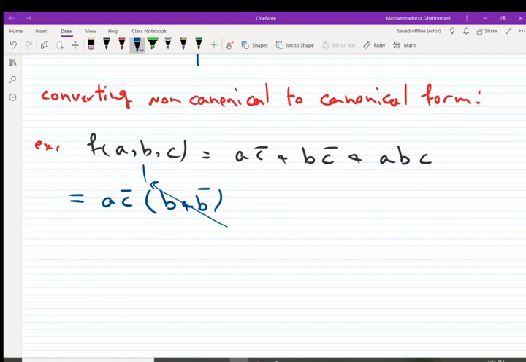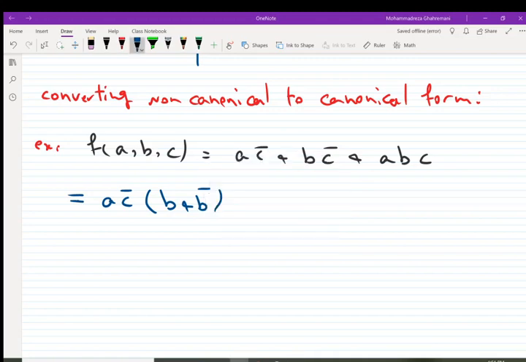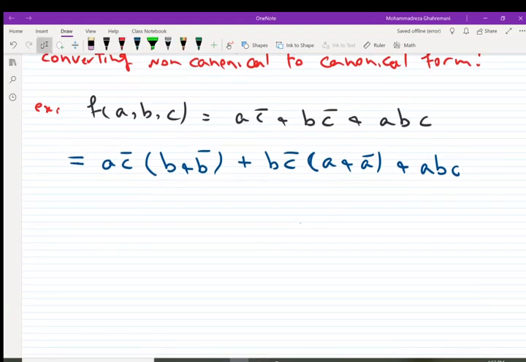So we can simply add it to any term we want. We multiply B plus B bar with the first term in order to make it canonical. The second product is B C bar. Which variable is missing? Variable A. So we multiply it by A plus A bar. The third one is A B C, which is already a minterm.